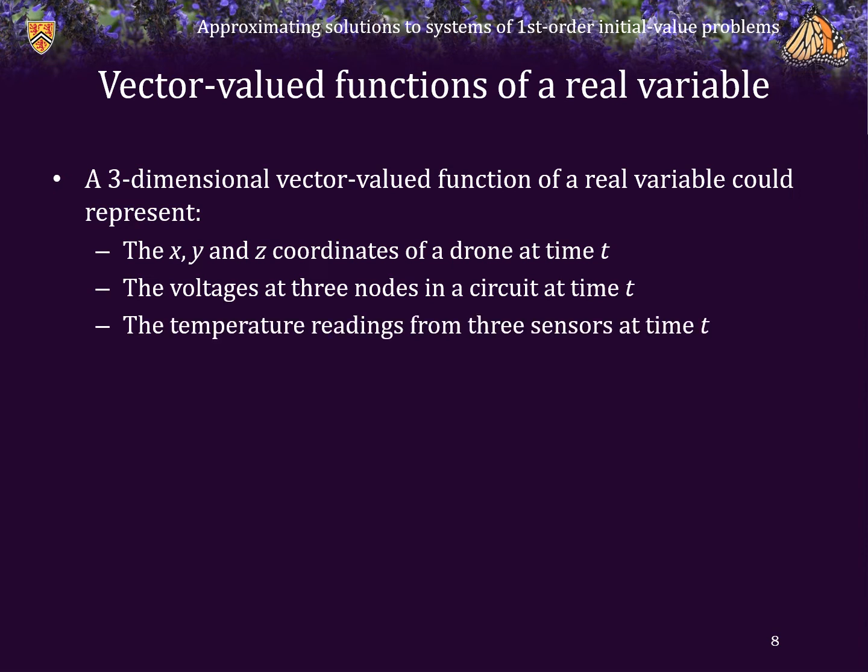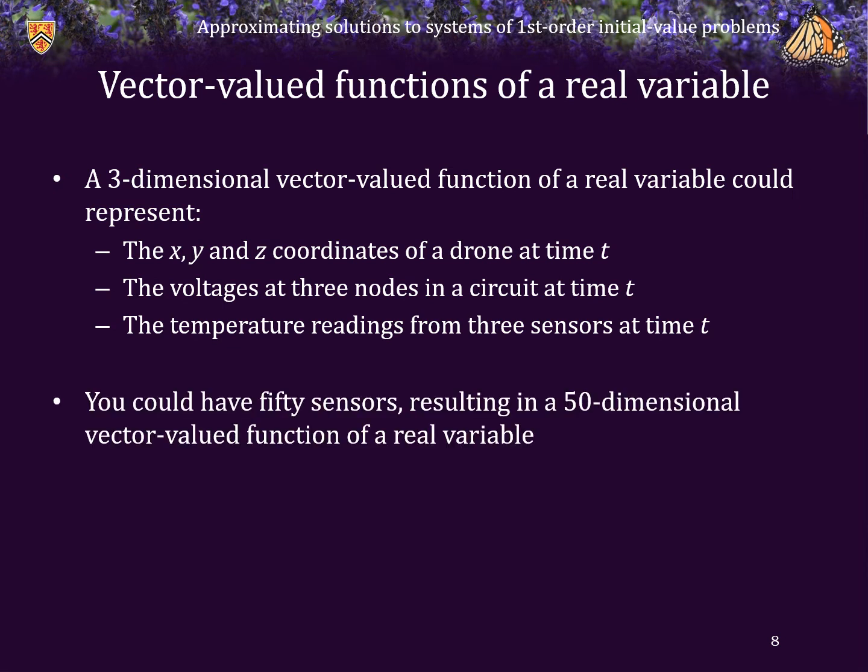Or you may have a system that is reading 3 separate sensors, and so the vector may be the temperatures at 3 different sensors at one specific time t. And of course, over time, the temperatures of each of those sensors is going to change as it is reporting on what is occurring in the real world.